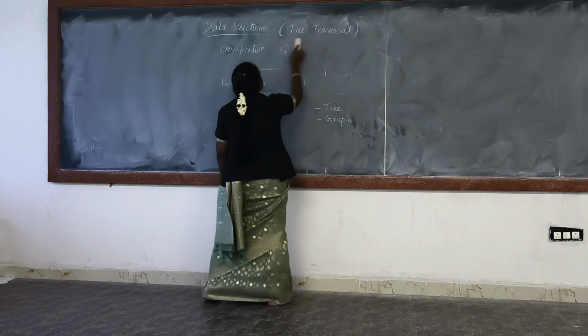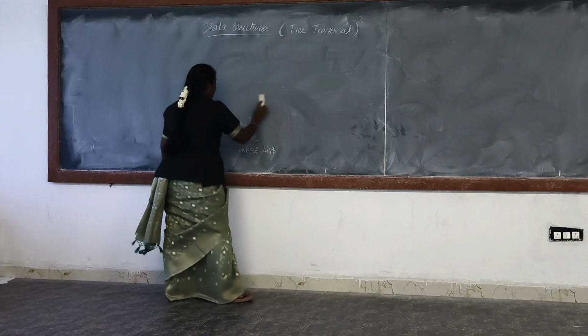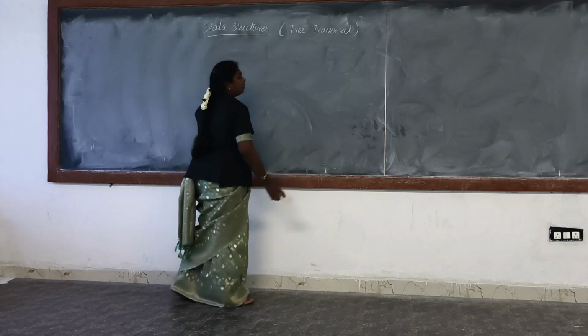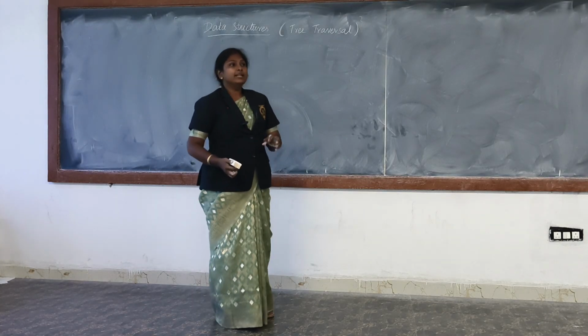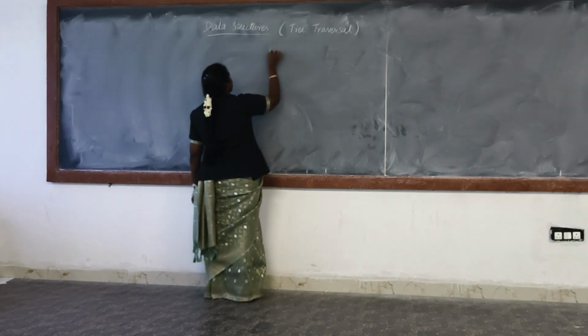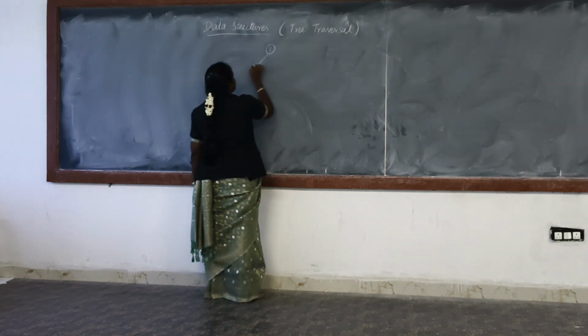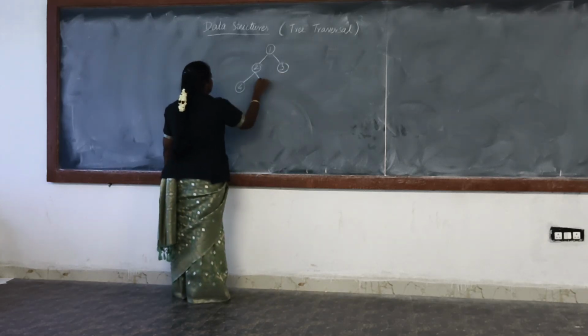Tree traversal is a process of traversing, visiting or exploring nodes in a tree in a specific order. Say for example, I have a tree structure like this.